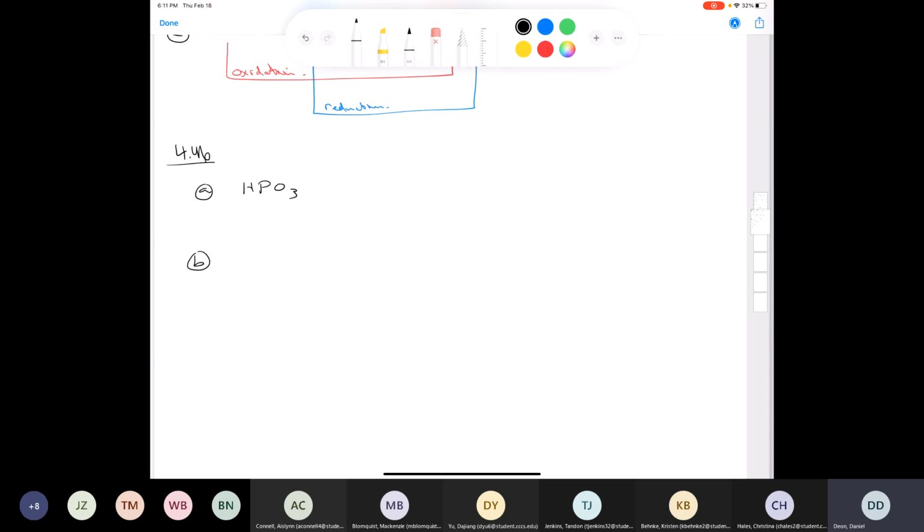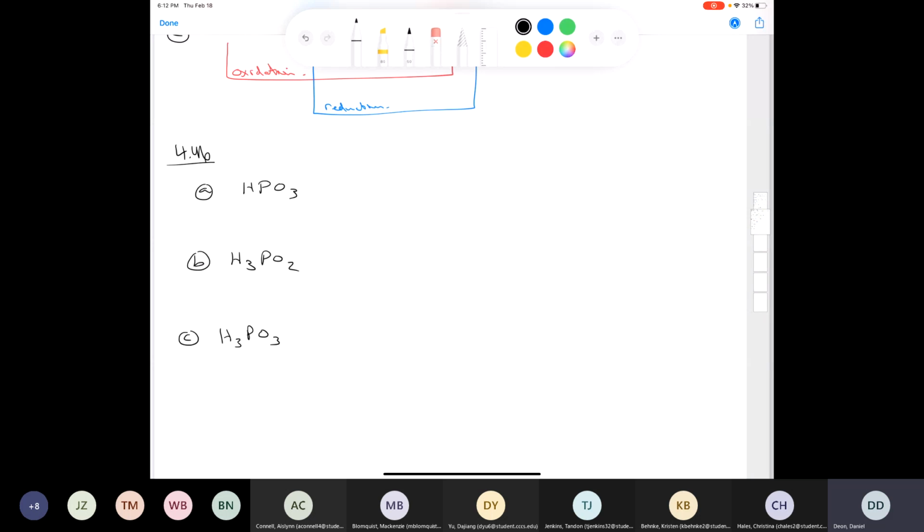We have B, which is H3PO2, and C, which is H3PO. Anyhow, with this, we should be able to get started in practicing the concept of oxidation number.